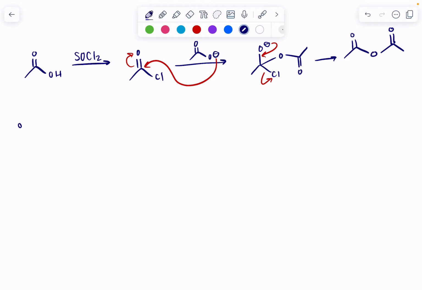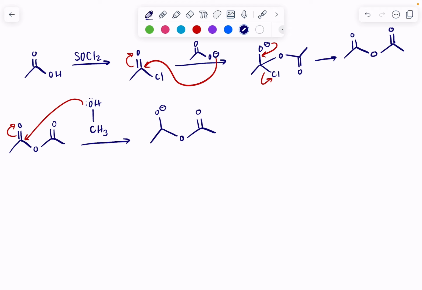If we want to take that acid anhydride and convert it into an ester, all we need to do is add some alcohol. So let's do CH3OH. Remember, this has electrons, so we can take this, attack one of our carbonyls there, kick off these electrons. We're going to get that O minus. Our O is still here, and we still have this here.